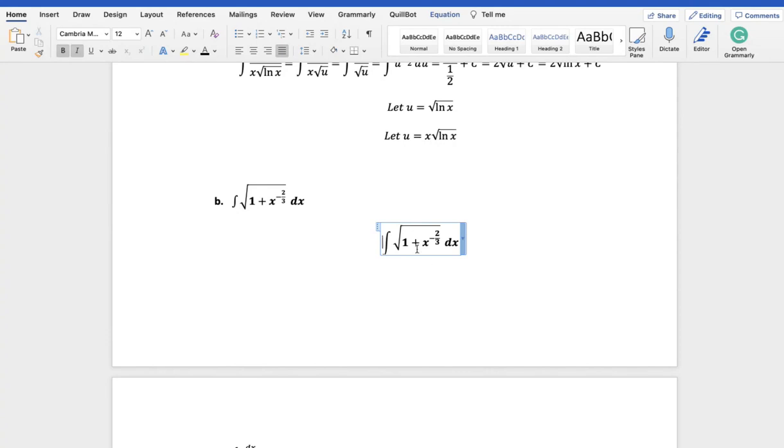I tried something. Could you have let u equal x to the power of negative 1 over 3? Okay. Let's think about that. Let me just write it down and then talk about it. So if you let u be equal to x to the power negative 1 over 3.